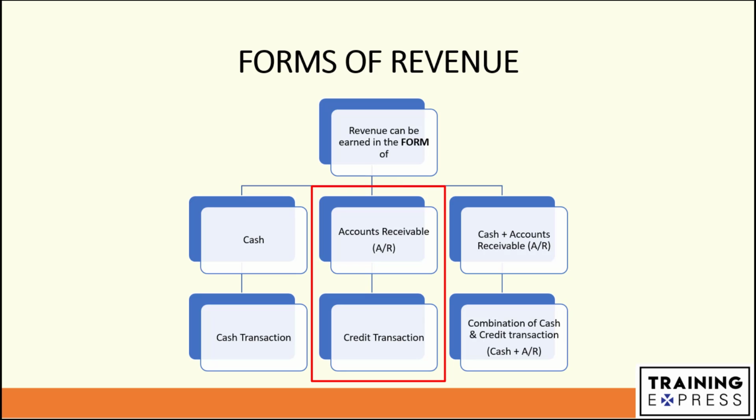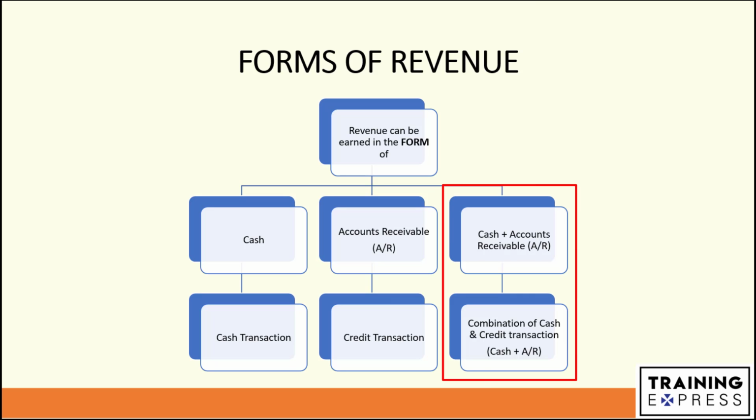It can also be earned in the form of accounts receivable, which means it is a credit transaction. Or sometimes we can earn in the form of cash as well as accounts receivable, which means that it is a combination of cash and credit transaction.